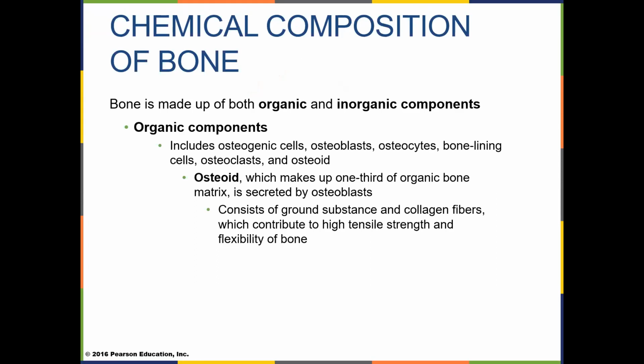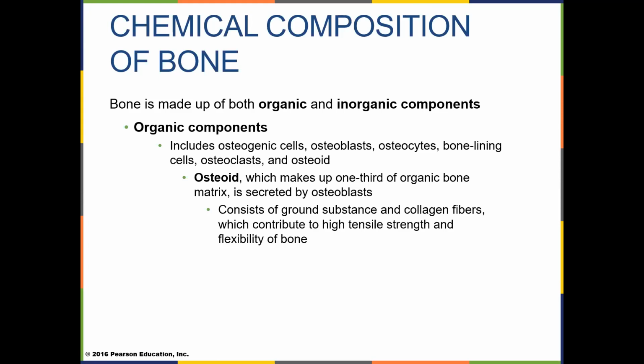Now, part of this, and the great strength of our bone, we'll move into the chemical makeup of our bone. The great strength of our bone is not only the arrangement of the trabeculae and the osteons and the columns, but what makes up the bone proper, and that is a mix of organic and inorganic components.